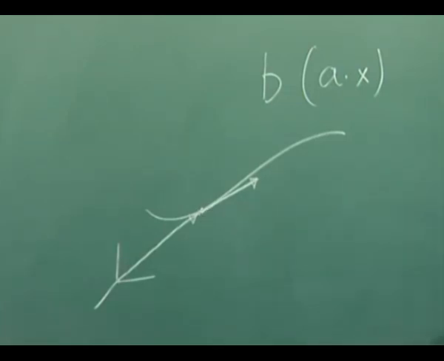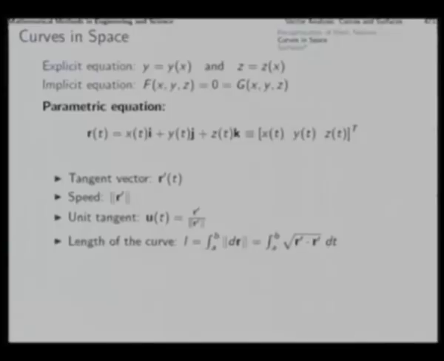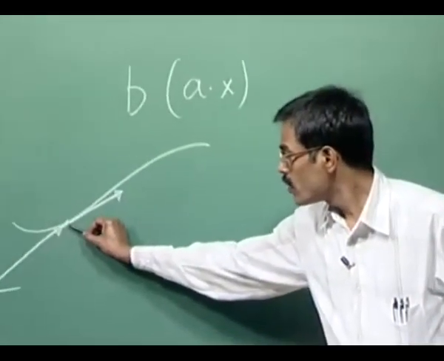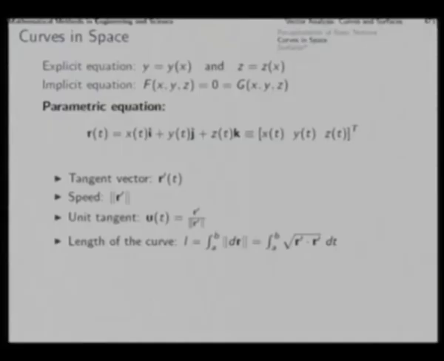So, if you consider the parameter t to be time, then what you get as speed is indeed the physical speed that we know of. If you consider the unit vector along this direction, then you get the unit tangent as this vector divided by its magnitude.